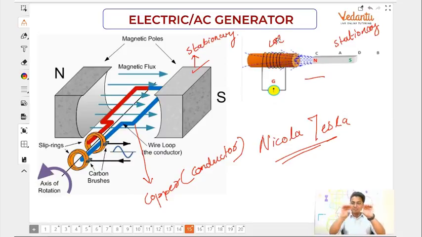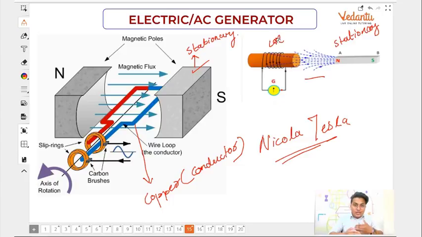You move the magnet or move the coil, the point is the same, correct? That's what Nikola Tesla did. He thought about it and did the same thing. He kept the magnetic field stationary, constant, and he rotated the armature coil, the conductor right there, due to which an induced current was generated.